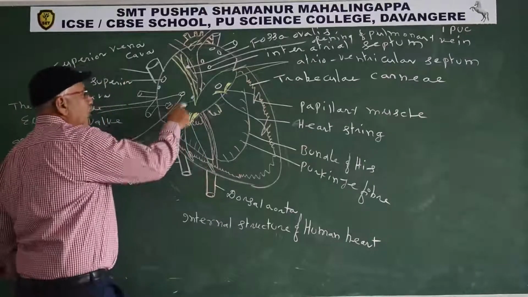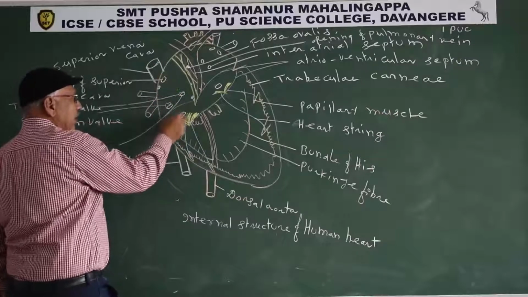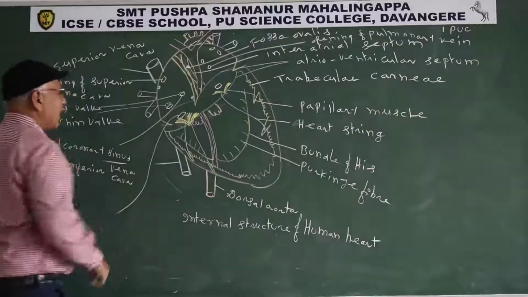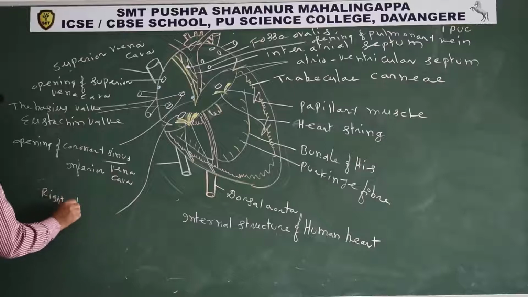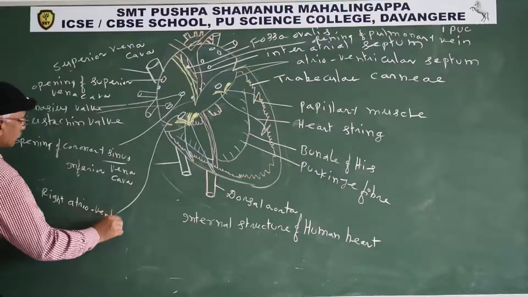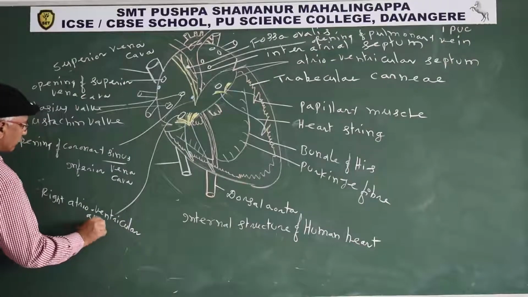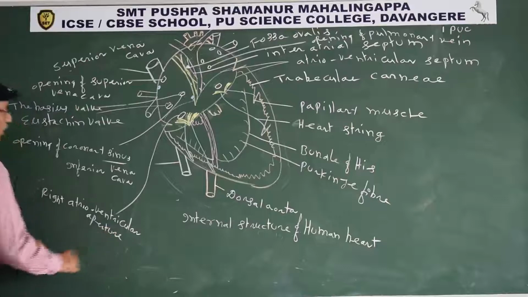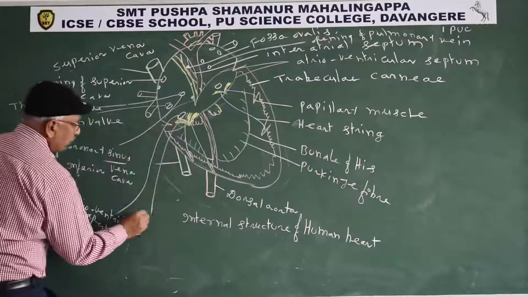One opening, between the right atrium and right ventricle, is known as the right atrioventricular aperture. The right atrioventricular aperture is guarded by the tricuspid valve.